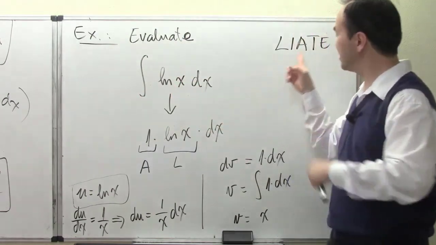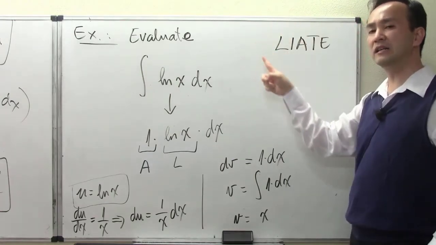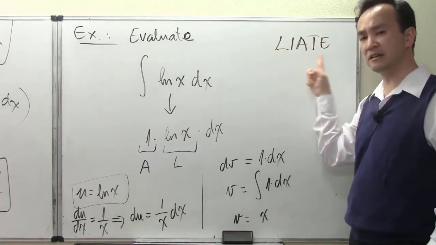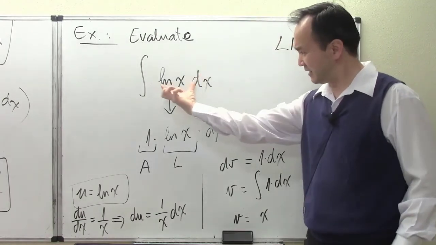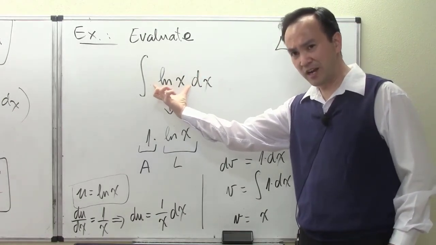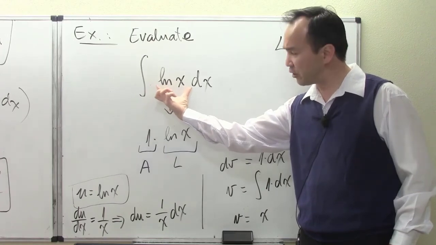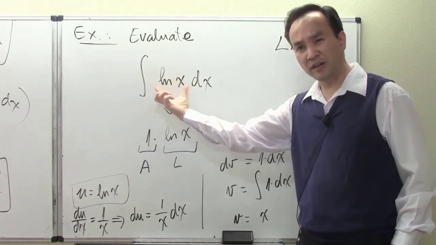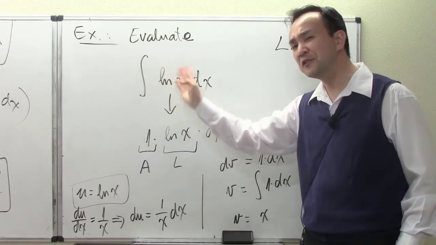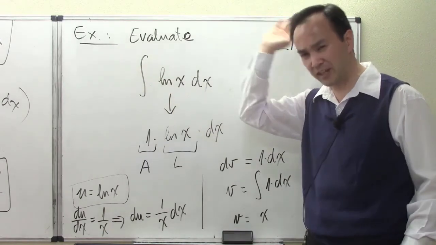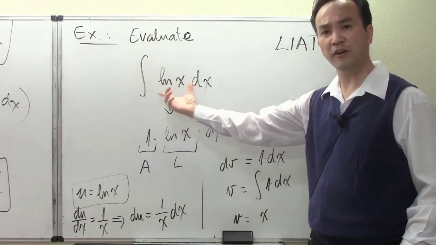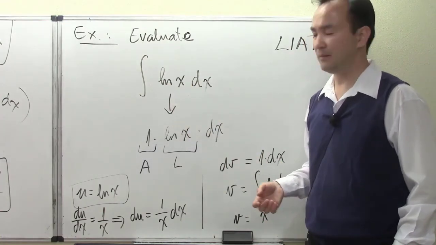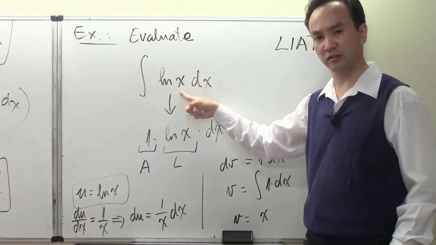Usually, when we're about to apply the LIATE scheme, this LIATE guideline, we tend to expect that the big function we're integrating appears in the form of a product where we see clearly two functions. One of them comes from one family and one comes from another family. This problem has only one function in the whole product.